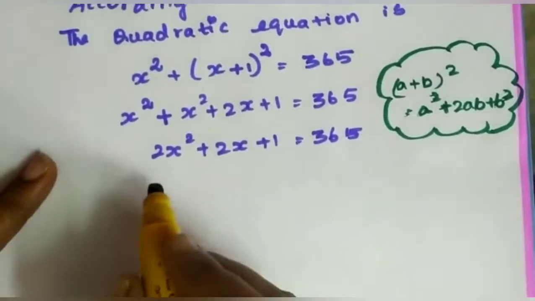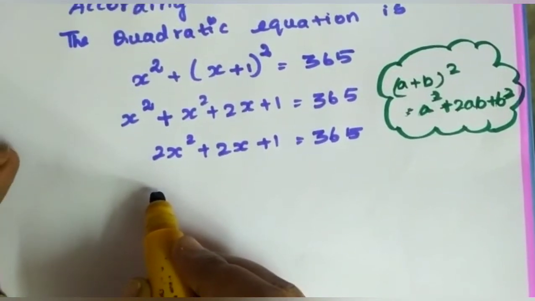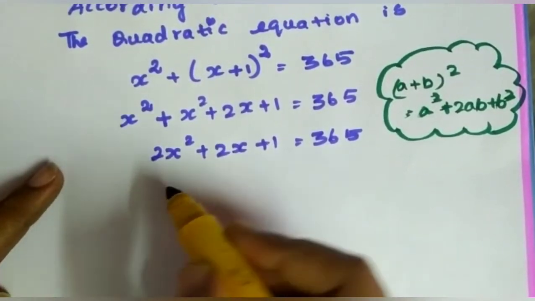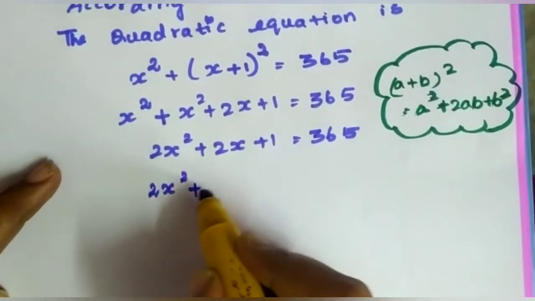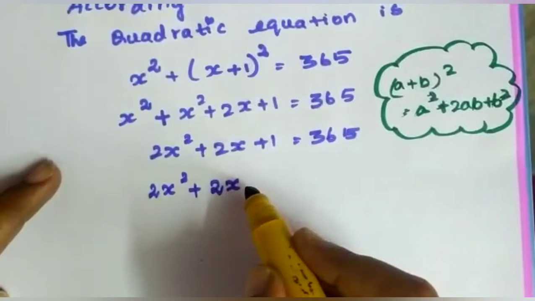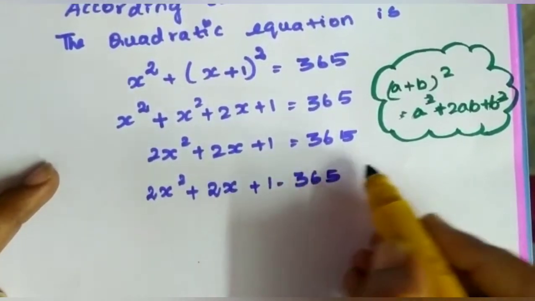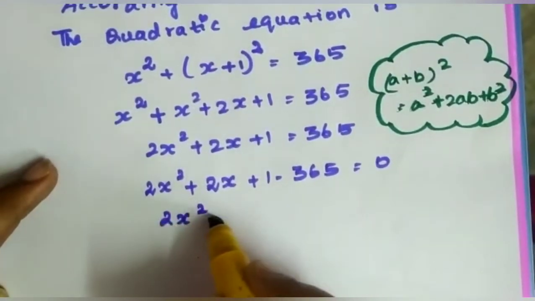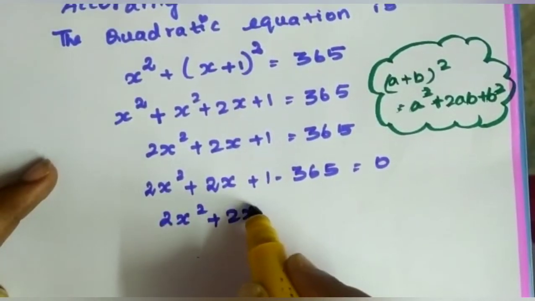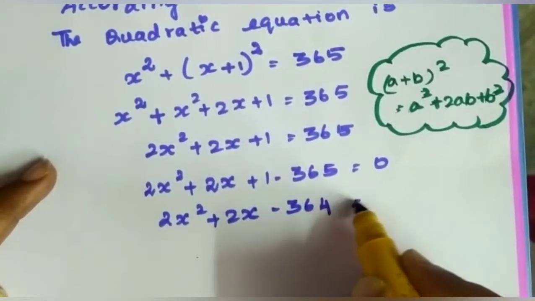Then we have to simplify this and write everything in the general form of a quadratic equation: 2x square plus 2x minus 364 is equal to 0.